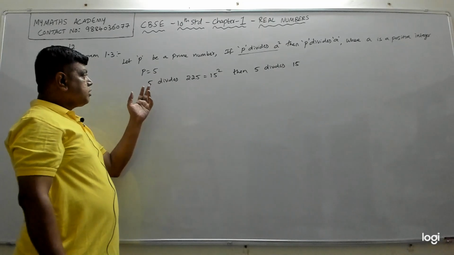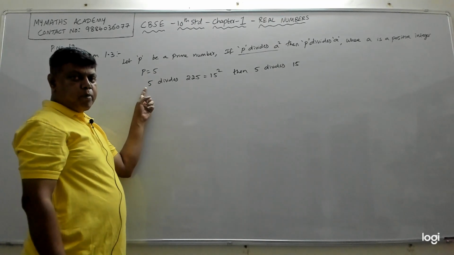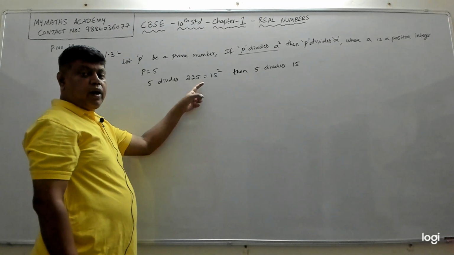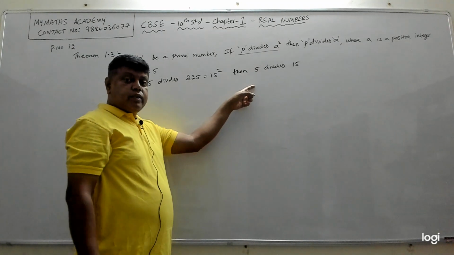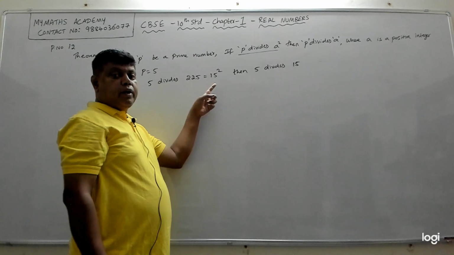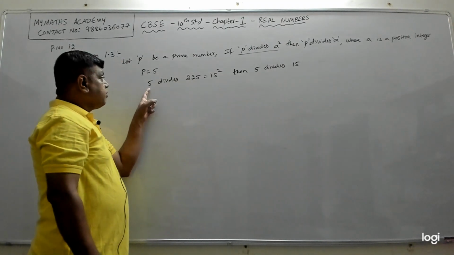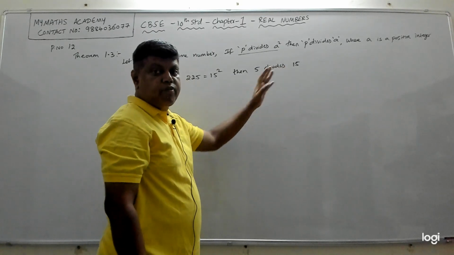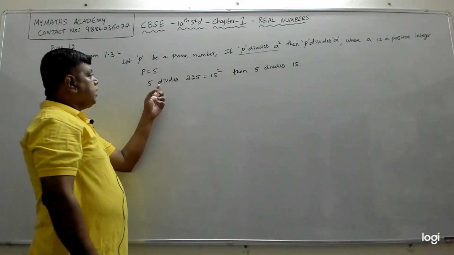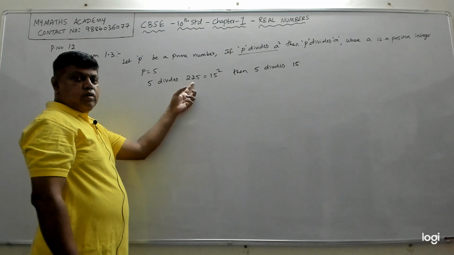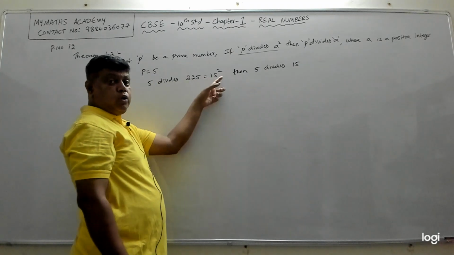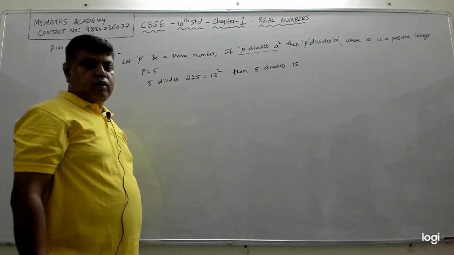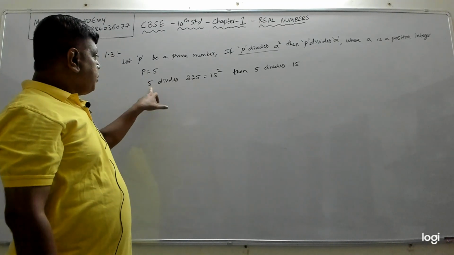What it says is, 5 is a prime number, and if 5 divides 225, then 5 divides 15. 225 can be written as 15 square, which means 5 divides 15 square, then 5 divides 15, which is true. So this is true for a prime number.